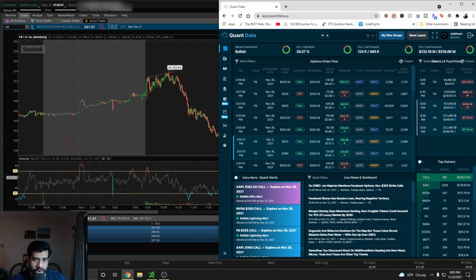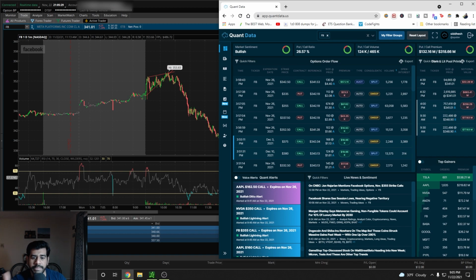Based on that alert, you can decide whether to jump into the trade or not. If you are using Quant Data, what I suggest is, once you get that alert, just take a pause and watch where that stock is going. Usually these big stocks follow SPY, QQQ, and Nasdaq movement. So take a look at them, see what condition they are in, and based on that, place your trade.